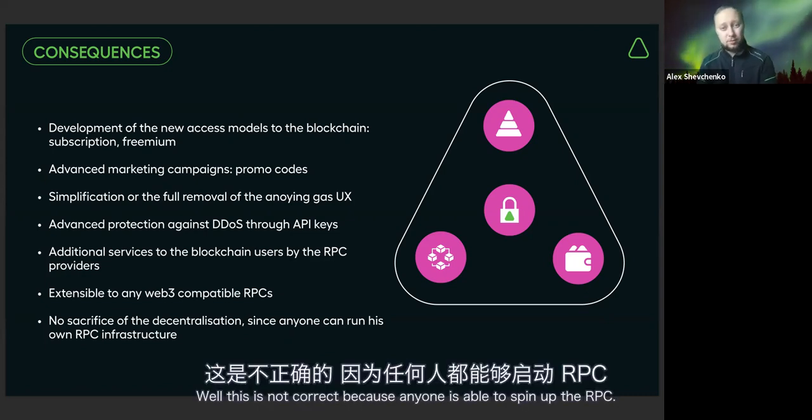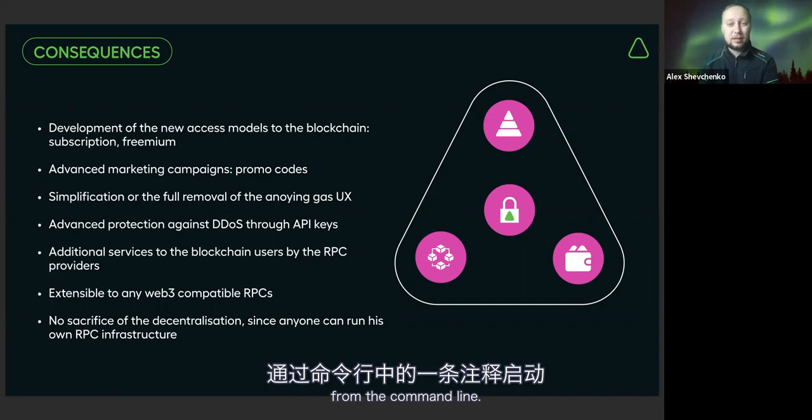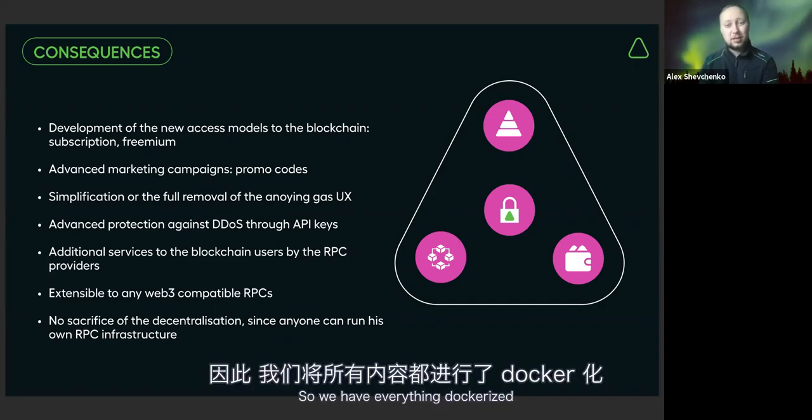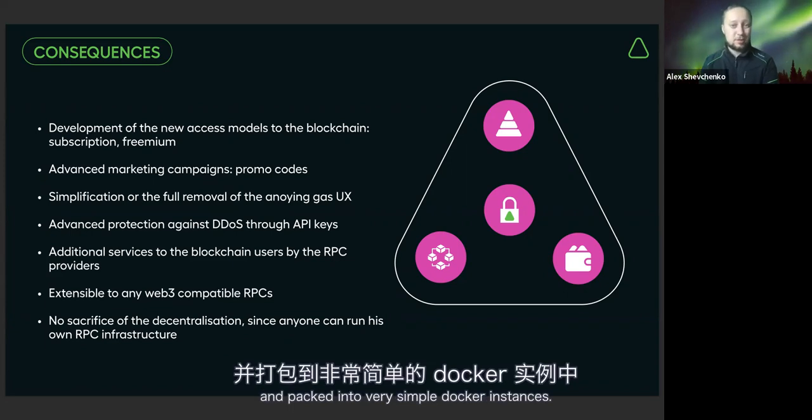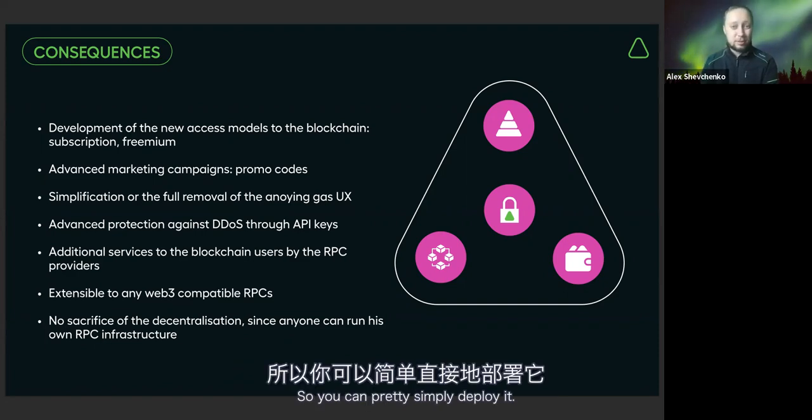Well, this is not correct, because anyone is able to spin up the RPC, and actually an Aurora RPC can be spun up with just a single command from the command line. So we have everything Dockerized and packed into very simple Docker instances. So you can pretty simply deploy it.